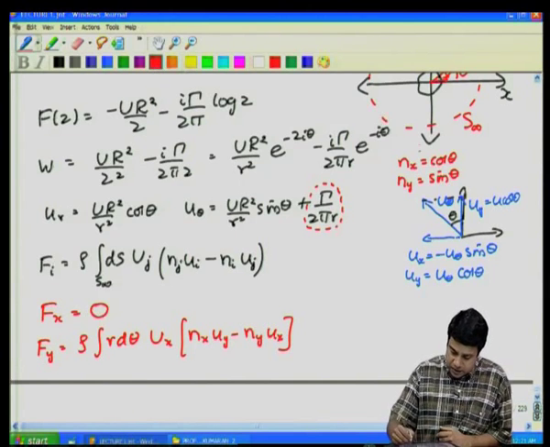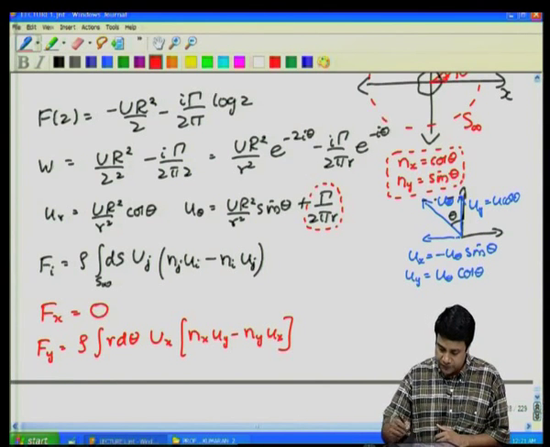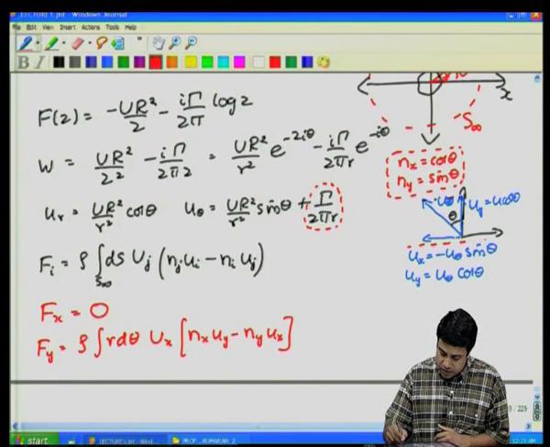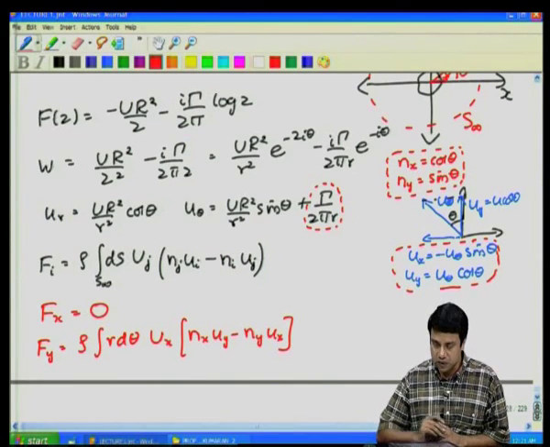And of course, for n x and n y I have to use cos theta and sin theta, because they are unit vectors, and I calculated u x and u y for a velocity in the theta direction, because that is the only one that gives me a contribution to the velocity proportional to 1 over r.